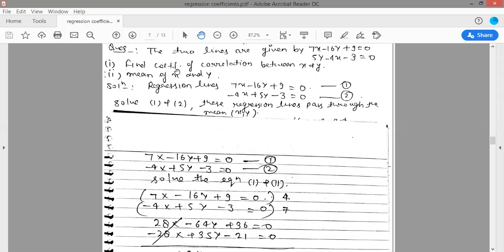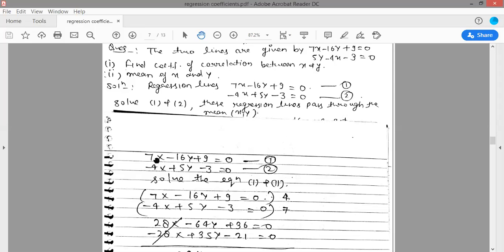We need to calculate the coefficient of correlation, and I have discussed the coefficient of correlation in your previous video lectures. The regression lines are given, so you need to calculate the x and y values from them. Solve 1 and 2, since these regression lines pass through the means of x and y, so the values of x and y will be the means, right?